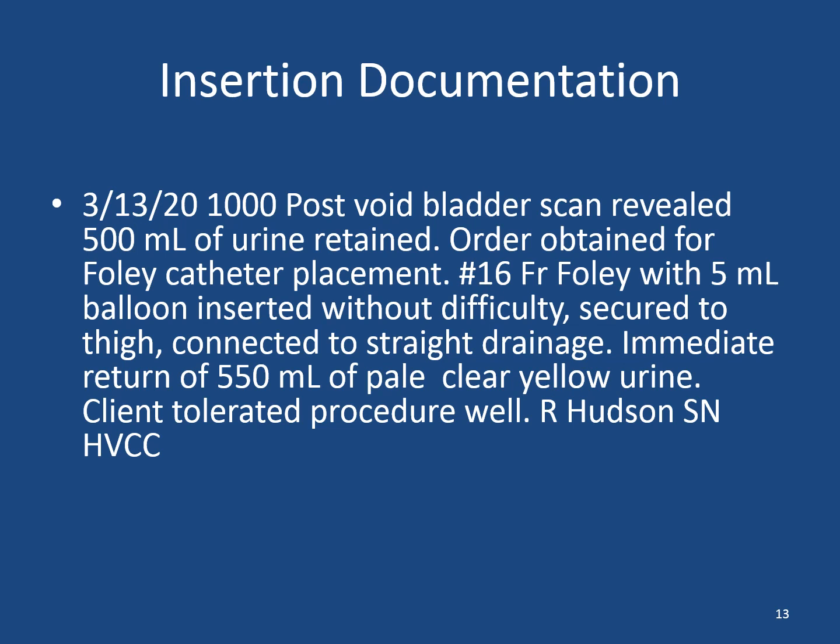It'll tell you the size. 16 French is a very usual size that we will utilize for clients. We have the amount of fluid in the balloon, because when you go to remove a catheter, you don't want to be surprised with how much fluid is in there. And then we have the amount, color, and character of the urine that came out and how the client tolerated the procedure.